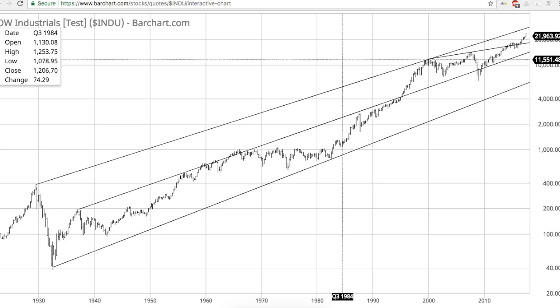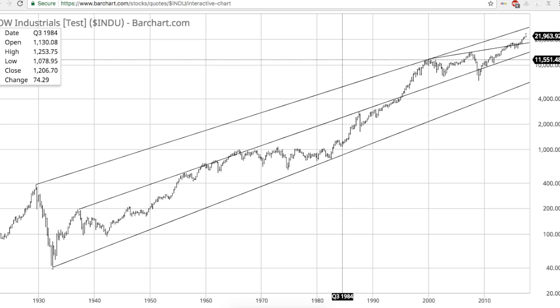So the distances between the prices are not the same, but they are the same percentage-wise. So you can see there from 20 to 40, that's doubling. And then 40 to 100, that's 250%. The distance is not the same, it's by percentage.